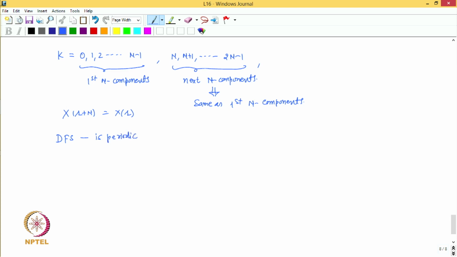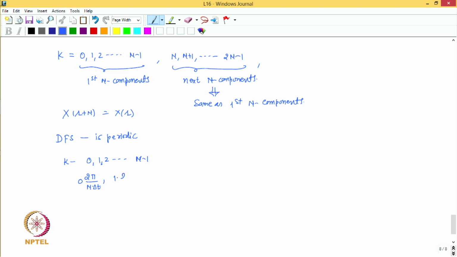okay. And what is the periodicity of the discrete Fourier series? If you look at the frequency components you are getting, if I look at k is equal to 0, 1, 2 up to n minus 1, then what are the corresponding frequency components? The frequency components are 2 pi upon n delta t into 0, that is the frequency of the first component.